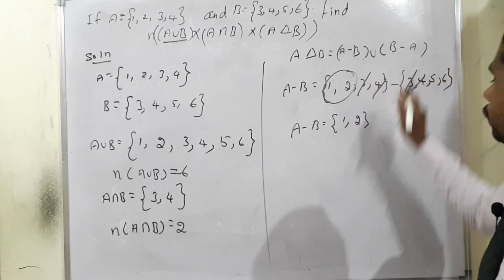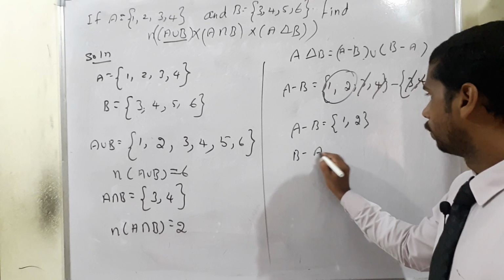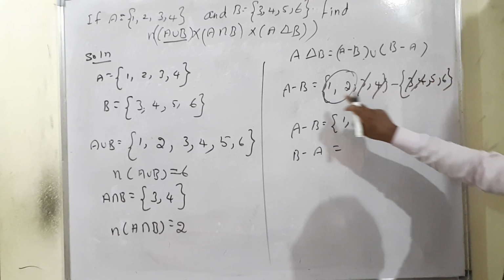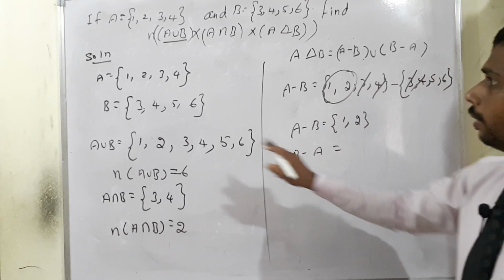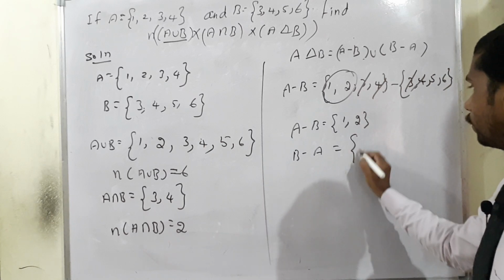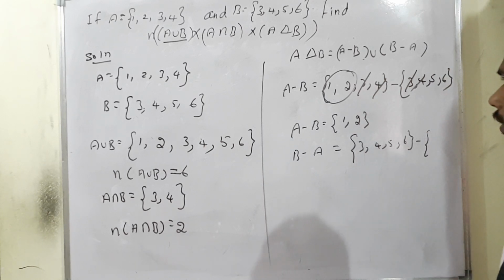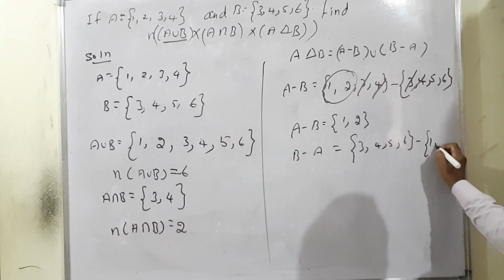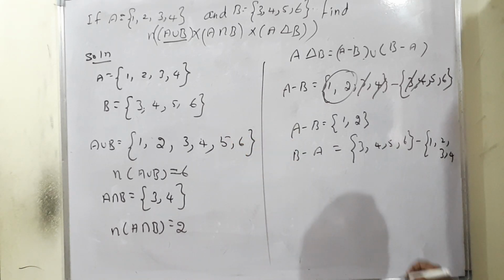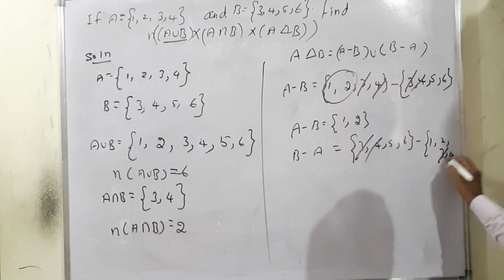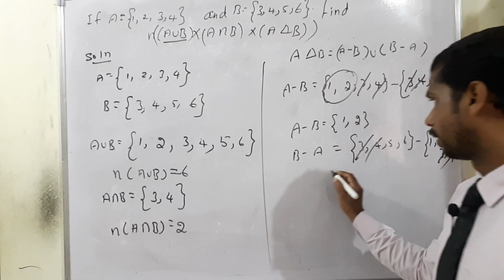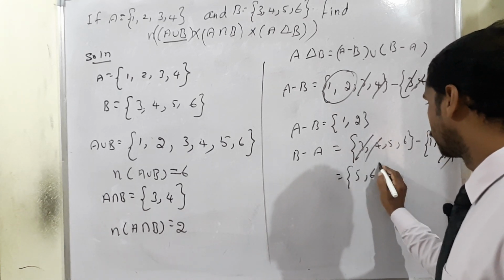Next condition, B minus A. Similarly B minus A, look at there. So B is 3, 4, 5, 6, minus A is equal to 1, 2, 3 and 4. So 3 and 4 cancel. 5 and 6 will come, isn't it? So 5 comma 6.